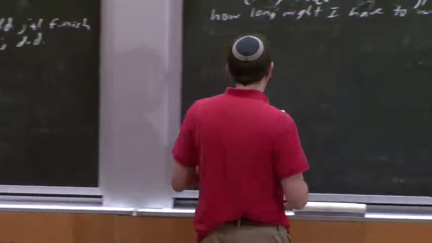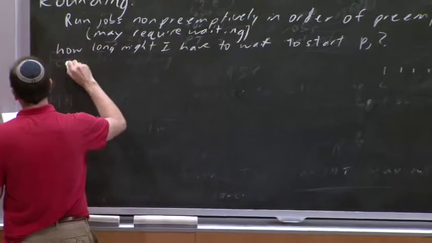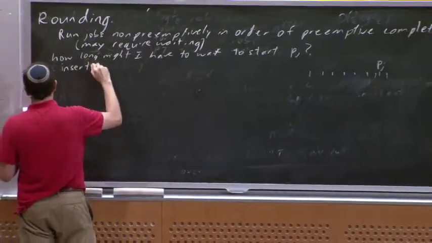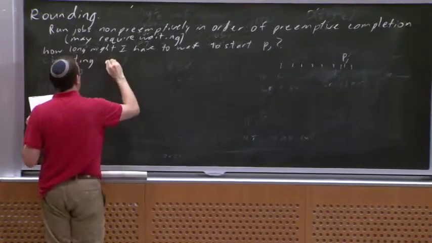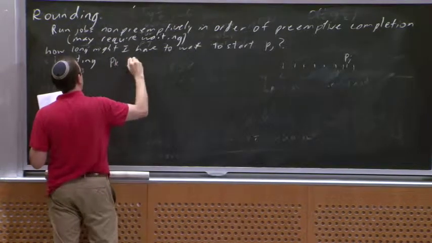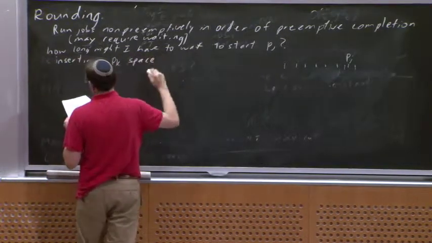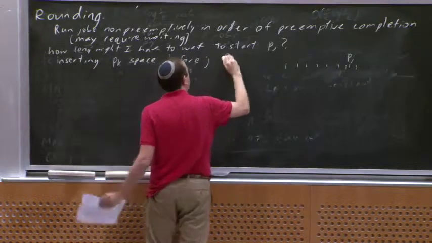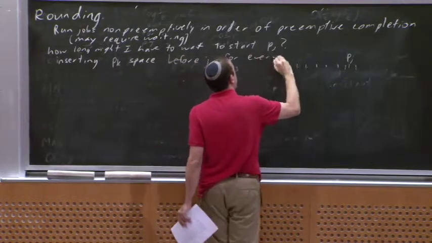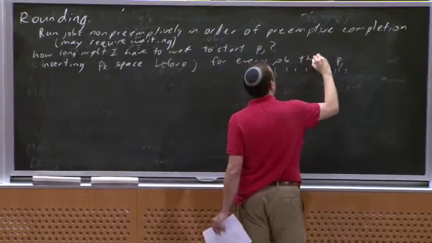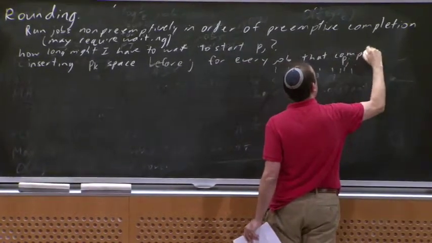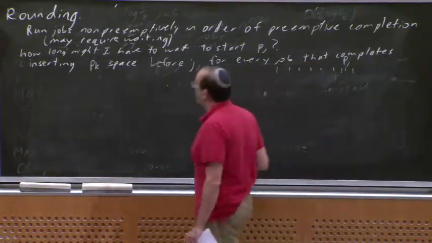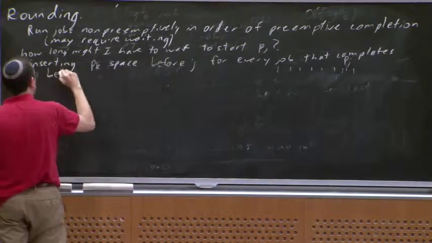Okay? So I can think about this as inserting enough space, pk, before J for every job that completes before J in the preemptive schedule.